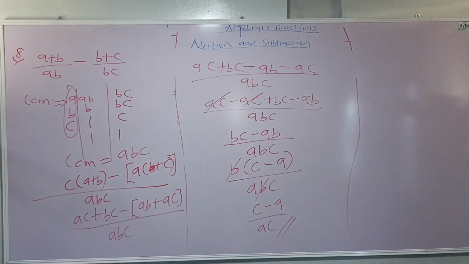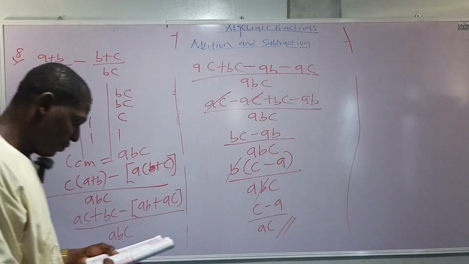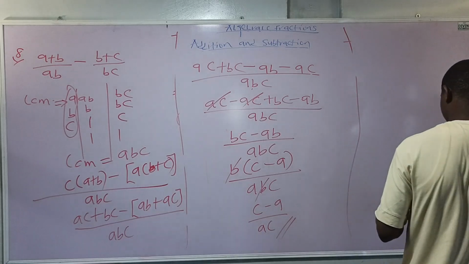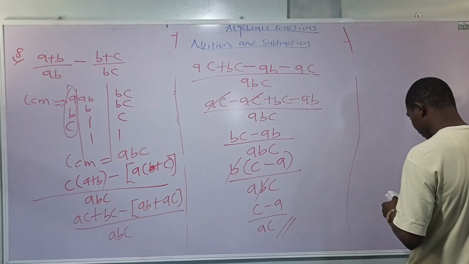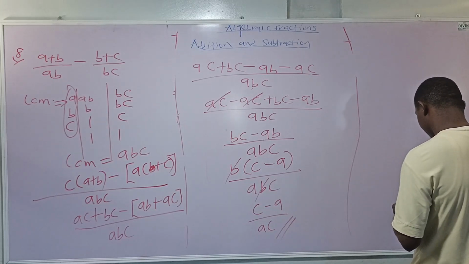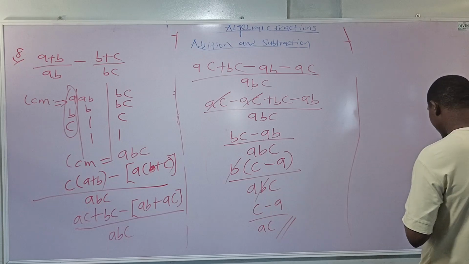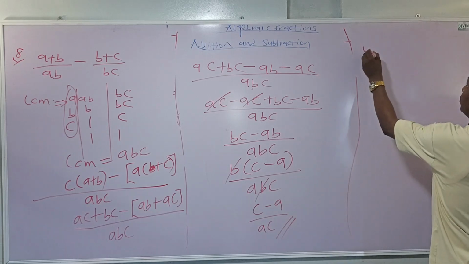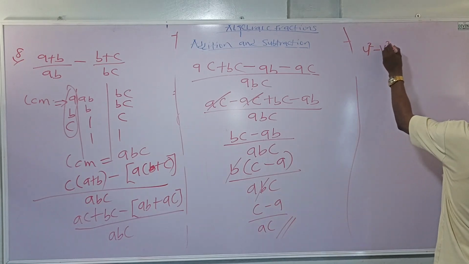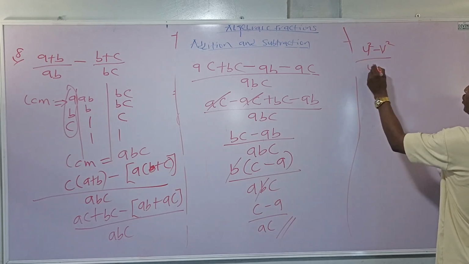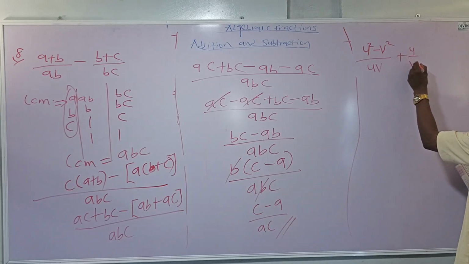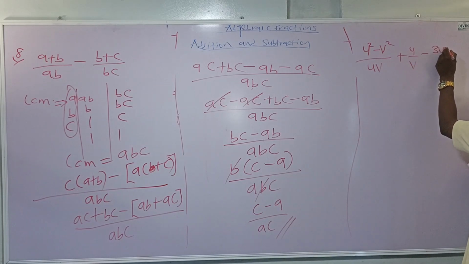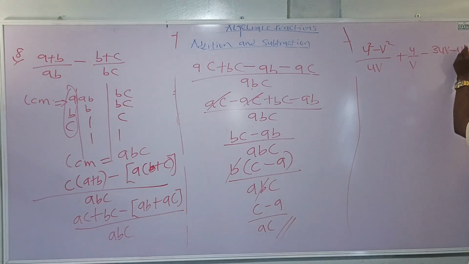Example 9. Example 9 is u square minus v square all over uv, plus u over v, minus 3uv minus u square all over v square.